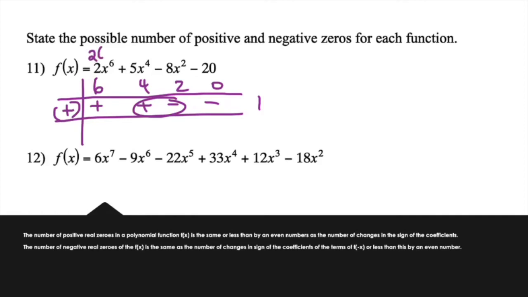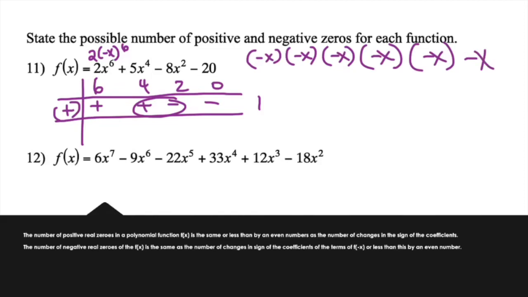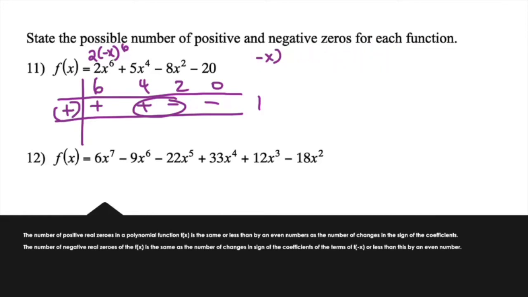If I have a negative x and I plug it in, if I have negative x 6 times, this will turn into a positive x. This will be positive, that will be positive, and that will be positive. And all the positives will be a positive x. So if I have an even number on that exponent, it's going to turn it into a positive. Otherwise, it'll turn it to a negative.